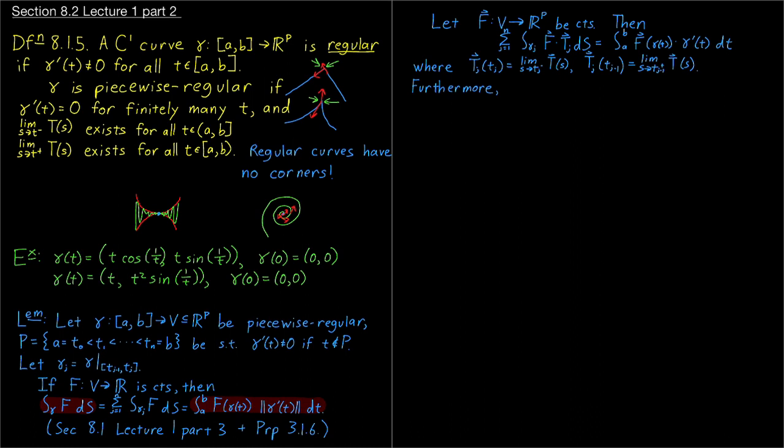If you reparameterize gamma, and eta is piecewise regular, then we must have that the integral of f of gamma of t dot with gamma prime of t dt is equal to the corresponding integral with eta.